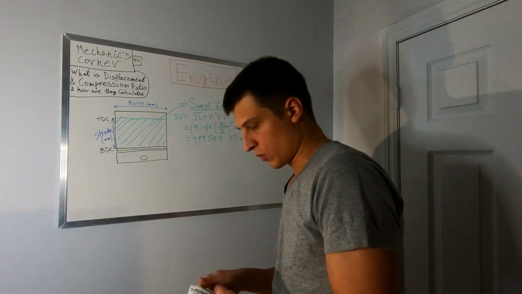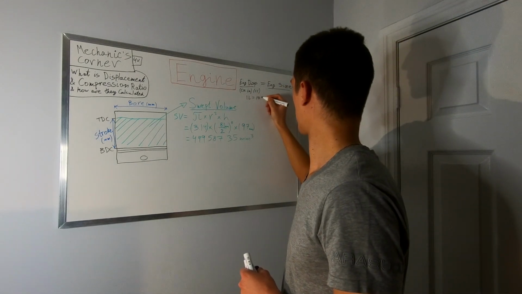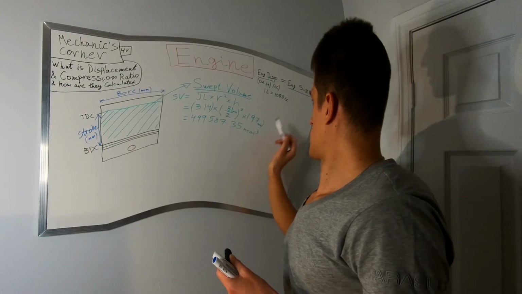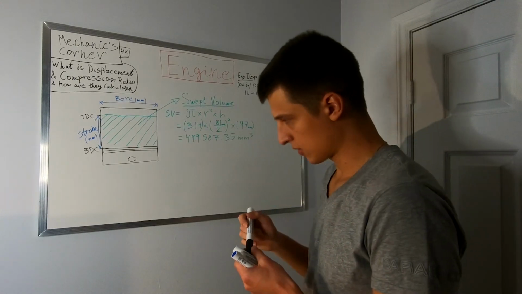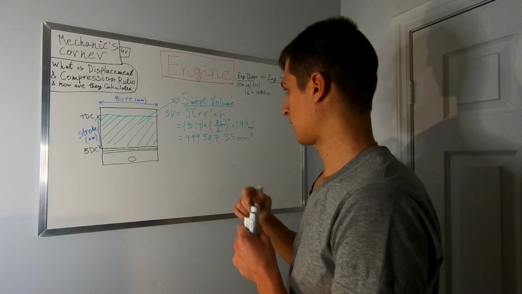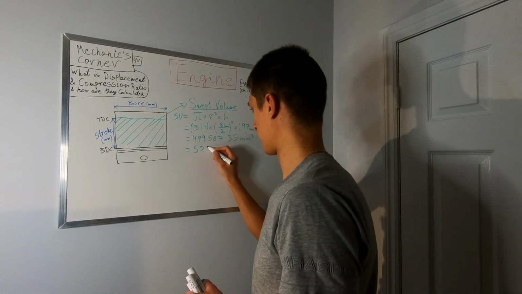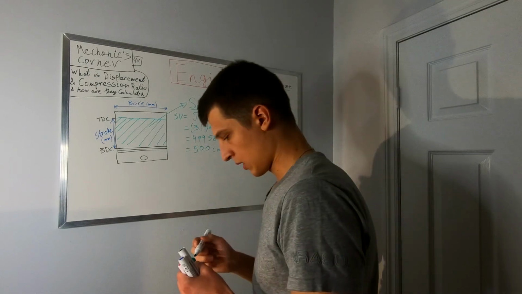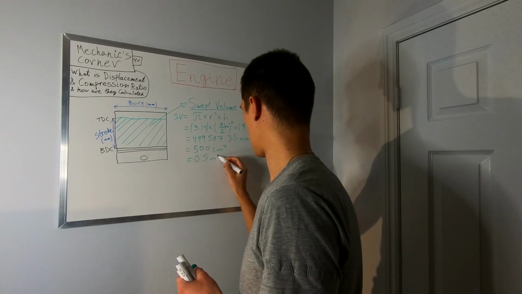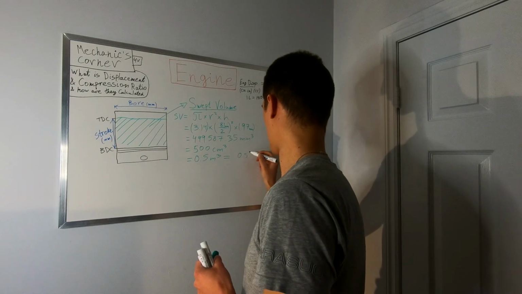Another thing that we need to understand is that 1 liter equals 1000 cc's. Cc's is cubic centimeters. We have cubic meters here, and cubic millimeters here, and cubic centimeters there. And if we express this number in cubic centimeters, it would be just 499, or we'll just round it up to 500 centimeters cubed, which then would equal 0.5 liters.